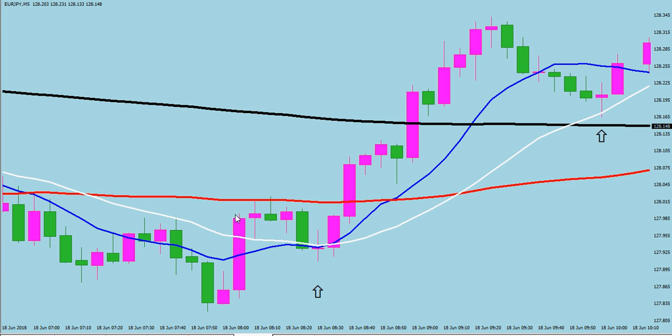Once you get up here into this situation where you have this fake engulf that is not supported by the next candle, then you put your stop under this candle, because this is the candle that says, nope, the bears are not in control, the bulls are back in control. And you can see how this continues to go in your favor.